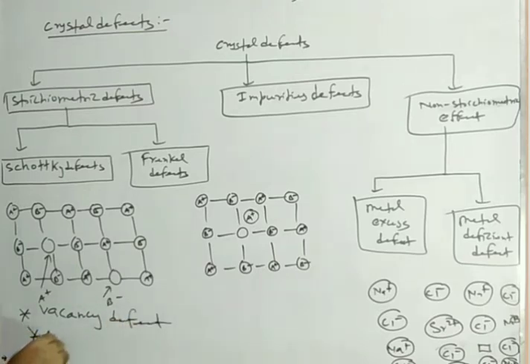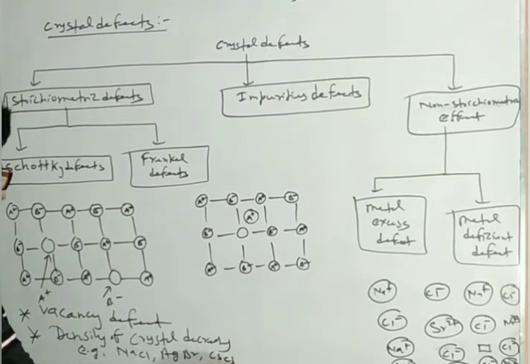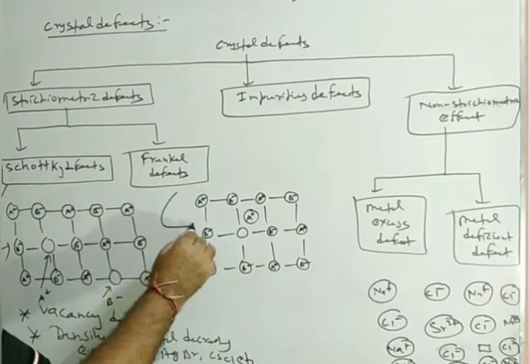Again we can write, density of crystal decreases because the mass of the crystal system becomes smaller. Examples, you can write NaCl, AgBr, cesium chloride, etc. So this type of defect is known as Schottky defect.